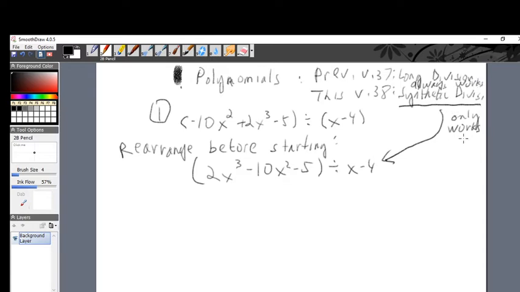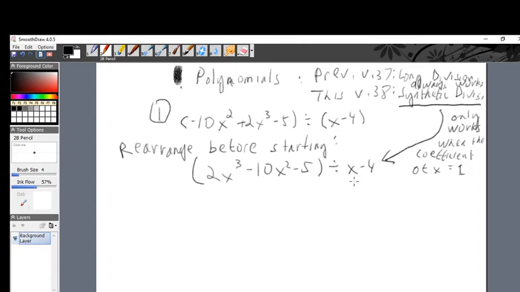Synthetic division only works when the coefficient of the thing you're dividing by, the coefficient of x, is equal to 1. So it's very limited. You can only divide if the coefficient of x is equal to 1.